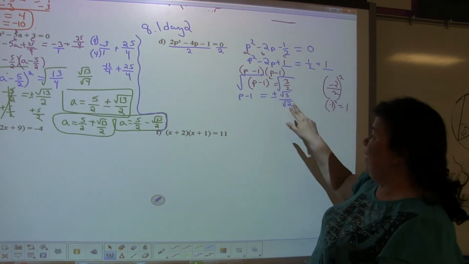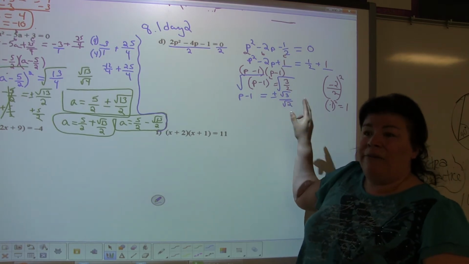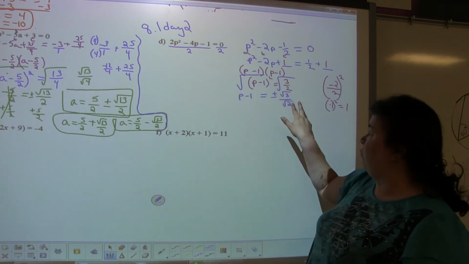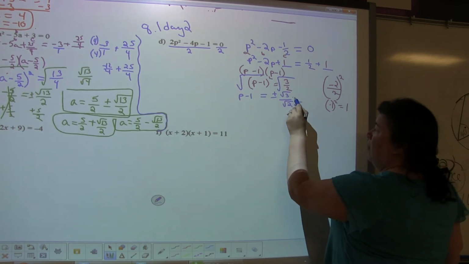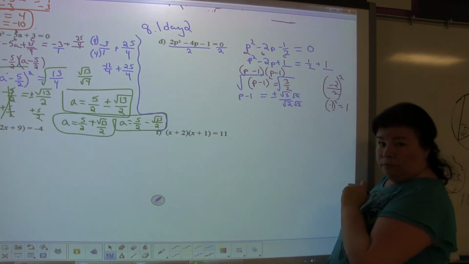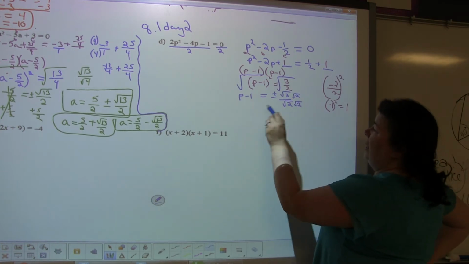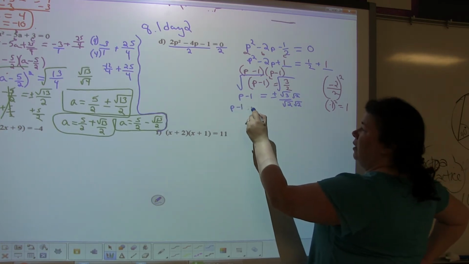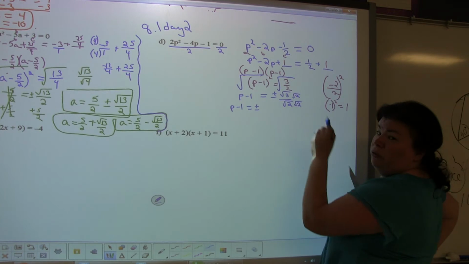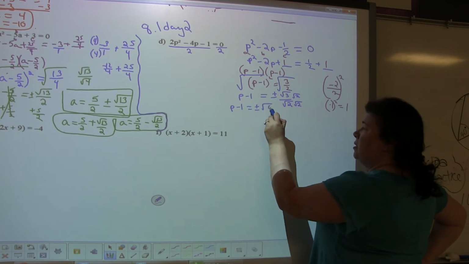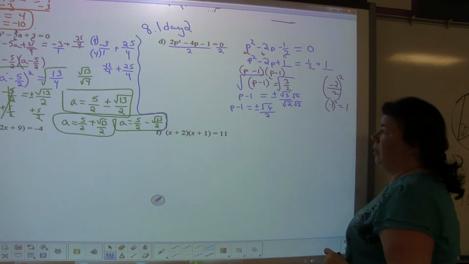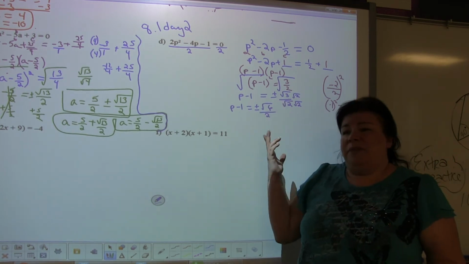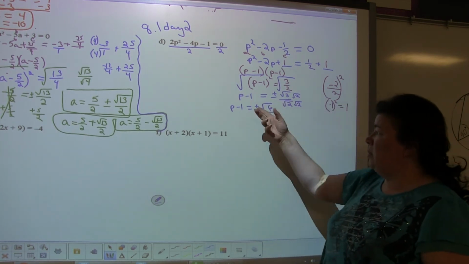However, I cannot have a radical in the denominator. So I'm going to have to rationalize that by multiplying top and bottom by root 2. So I really get p minus 1 equals plus and minus root 3 times root 2 is root 6, and root 2 times root 2 is just 2. Okay? Root 6 cannot be simplified other than 2 times 3, so we're good.